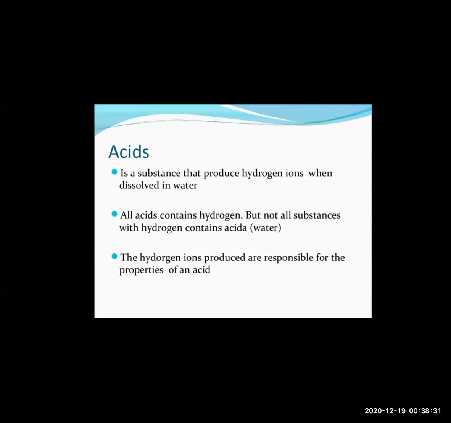When the acid reacts with water, it produces hydrogen ions, that is H plus ions. The hydrogen ion which is produced is responsible for the properties of the acid. Only when the acid is reacted with water can you find that the reaction gives out hydrogen ions.